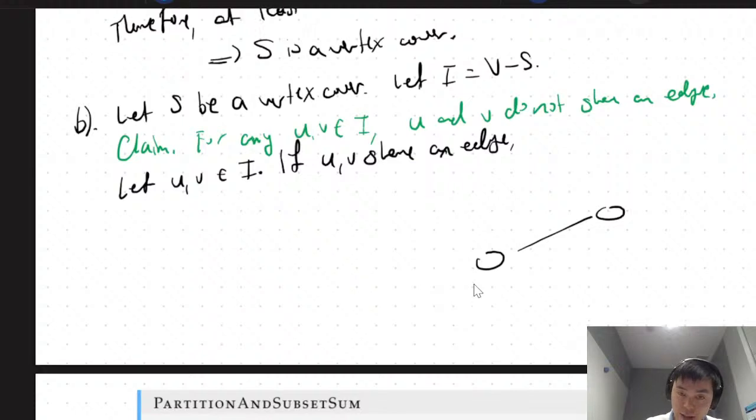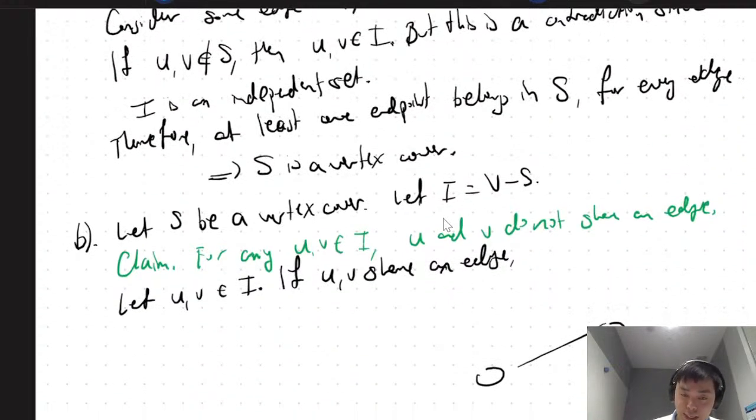I remember that S itself is a vertex cover, so that means every edge, at least one of the endpoints needs to be in S. And remember that I is the set of vertices not in S. So if U and V share an edge, say this edge, what that tells me is that there is some edge that isn't covered by my vertex cover.